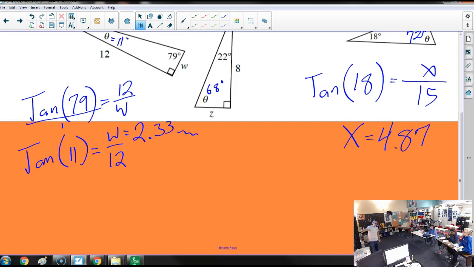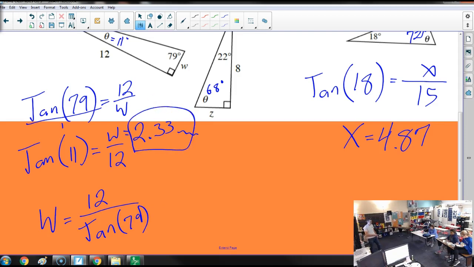Because I get w times tangent of 79, and then I divide by tangent of 79, and I end up with 12. So w would be 12 divided by tangent of 79, and you can check your work this way. That should still give you that 2.33.